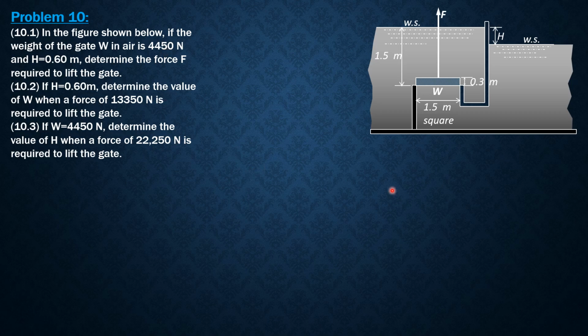The reason why we cannot apply buoyancy laws here is because there is a value of H. If H is 0, these two will be level, then we can use buoyancy laws provided that the liquid on top of the gate and below the gate will be the same, just like in this situation here. So there's no situation where H is 0, therefore we cannot apply buoyancy laws here.